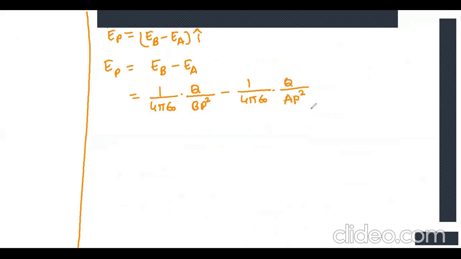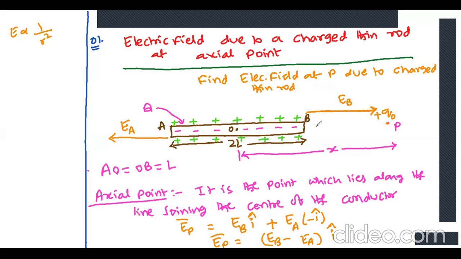Now I want to find BP distance. OP can I write as OB plus BP? OP means nothing but X only. If we consider length of the rod as L, here it is L by 2.